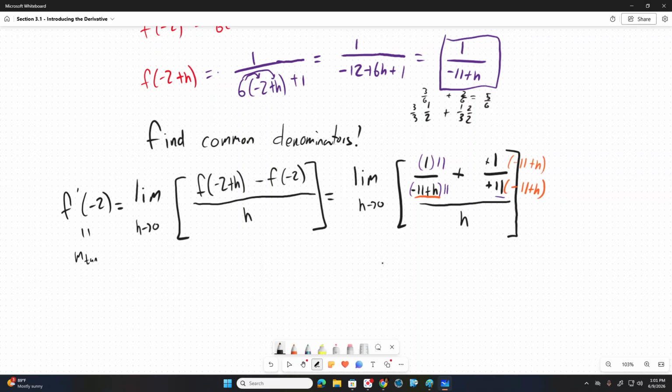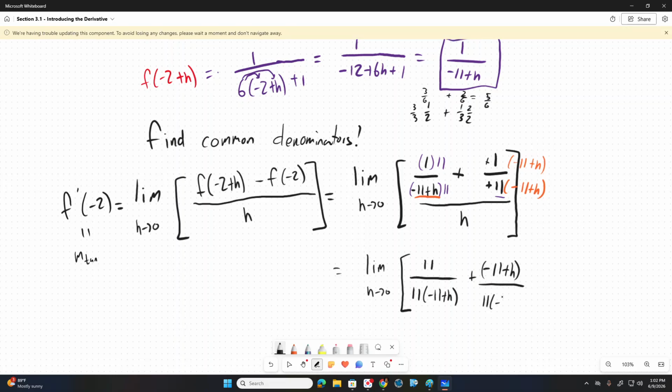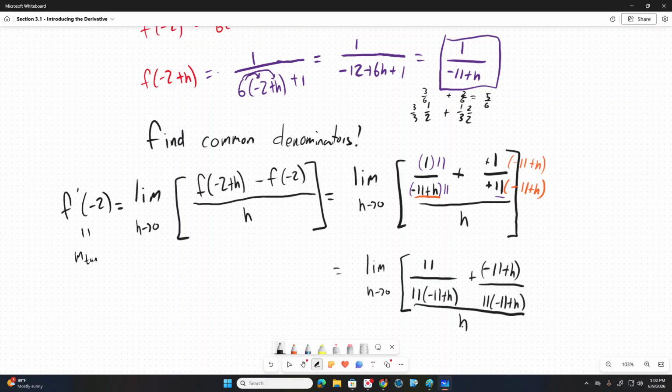So, what does that leave me with? The limit as h approaches 0 of 11 over 11 times negative 11 plus h plus negative 11 plus h over 11 times negative 11 plus h, all divided by h.